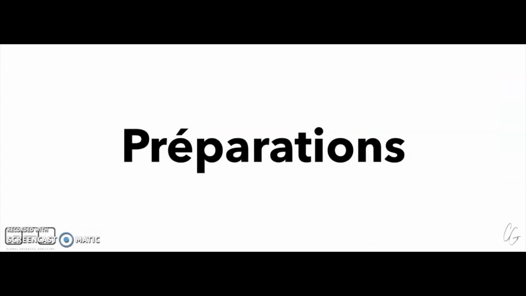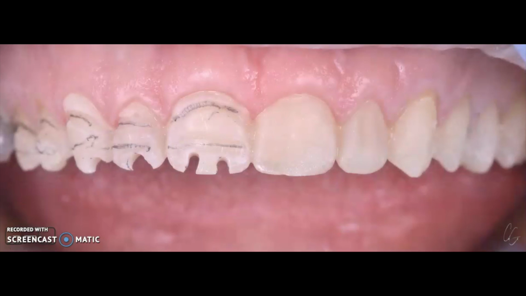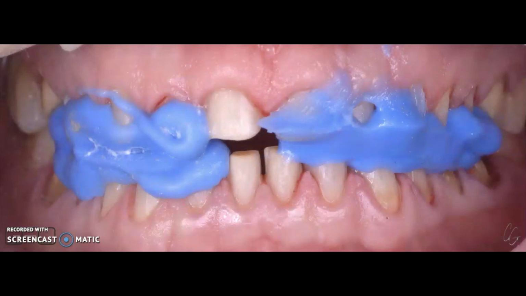So after 2 months, this is time for preparation and to finish the case. So we prep, I will go very fast. We prep through the mock-up and record the bite step by step to keep the position of the jaw.